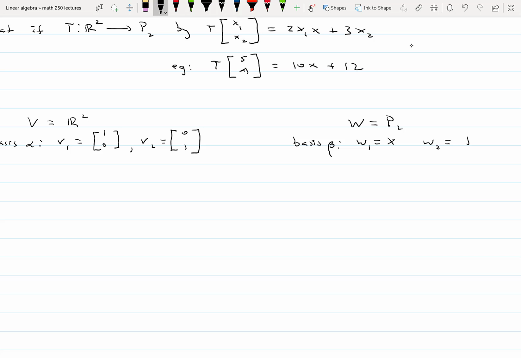That's going to be an easy fix, but my bad here. P2 is the set of all polynomials of degree 2 or less, and I wanted P1. So I'm going to do this right in front of your eyes. It's going to be R2 to P1. That's all I'm changing as a subscript, and I apologize. I've got it written incorrectly in my lecture notes too.